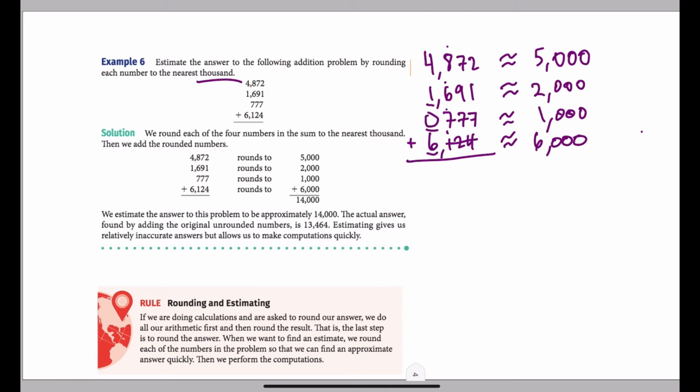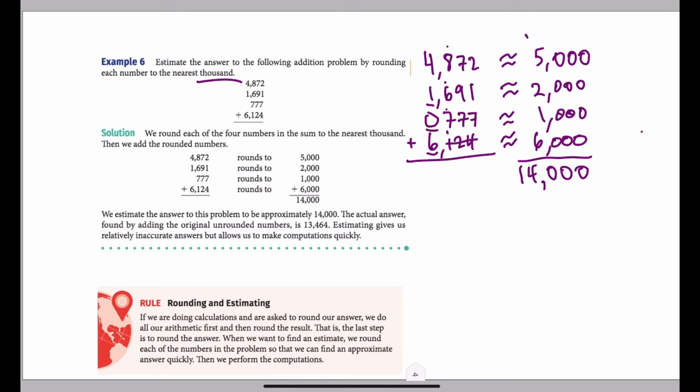Now, when I sum these, it's much easier because I know the first 3 are the sums of all zeros. And then I can add just what's in my thousands place. So 5 and 2 is 7, and 1 is 8, and 6 more is 14. And I could carry the 1, but I have no place in the 10,000s place to carry it to, so I can just bring it down: 14,000.